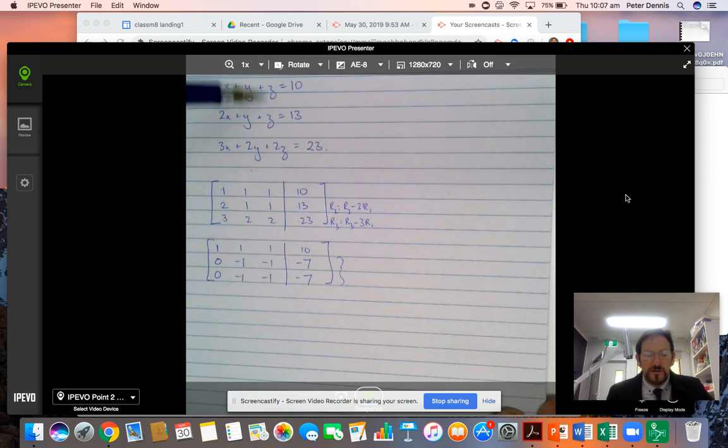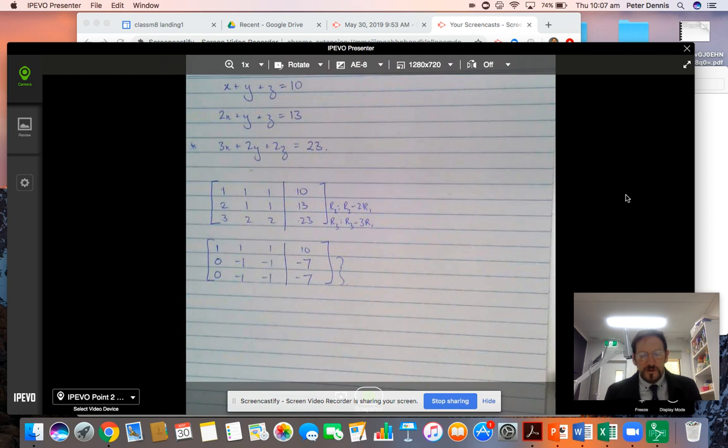It is dependent on the others, in the sense that x plus 2x is 3x, y plus y is 2y, z plus z equals 2z, and 10 plus 13 equals 23. It's not giving us any real information. This equation is not independent of the other two. It is some form of those other two combined.